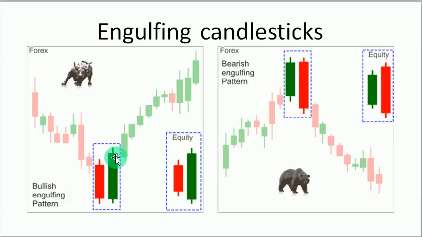And of course you would just trade that, although I'm going to show you how I enter trades based on these setups in another video, but for now let's focus on the candlestick formation.